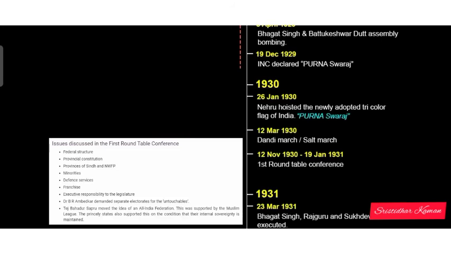Although many principles on reforms were agreed upon, not much was implemented, and the Congress Party carried on its civil disobedience movement. The conference was regarded as a failure, and the British government understood the importance and the need for the Congress Party to make any decision on India's political future. So that is where the weight of the Indian National Congress increased in the eyes of the British.